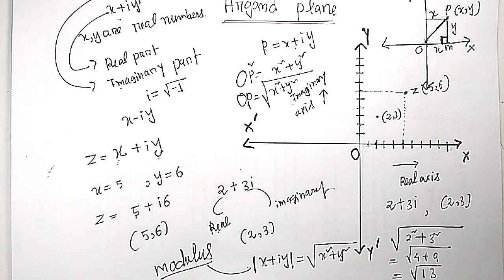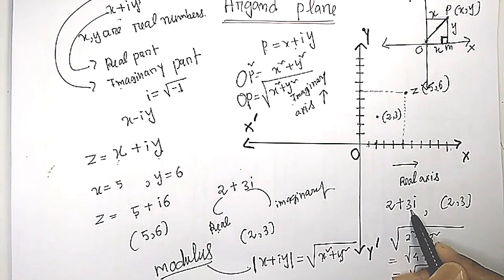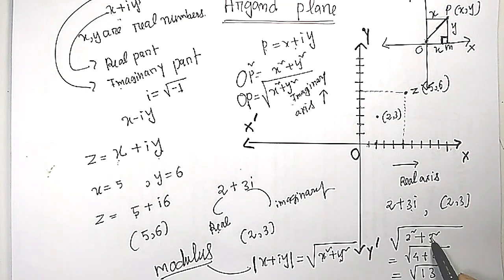Distance means it should be the shortest distance. Finding the modulus of a complex number is very easy. We should know the modulus is represented by root over x square plus y square, where x is the real part and y is the imaginary part. So for 2 plus 3i, the modulus is root over 2 square plus 3 square, it's 4 plus 9, which is 13.